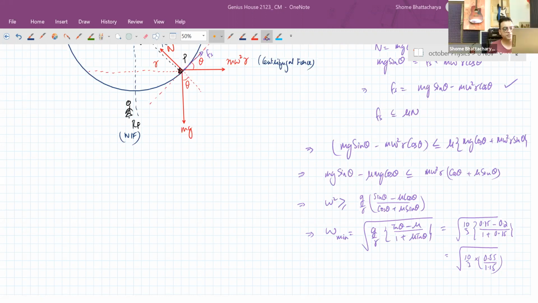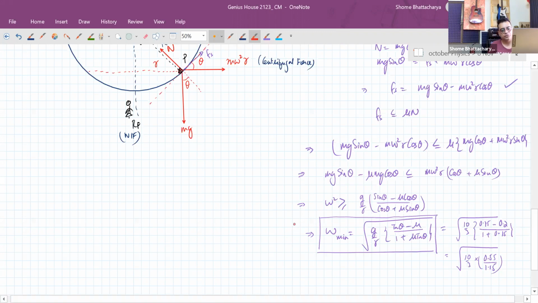Now see, for the other limiting value, we can use that little trick from Newton's laws, or friction rather. This is the omega minimum we have got now. So from this we can see directly that the omega max will become this.